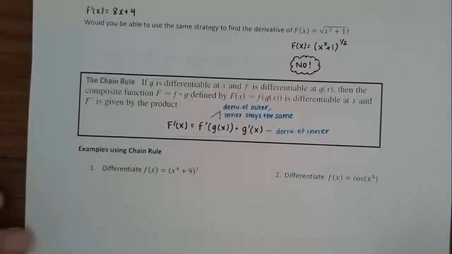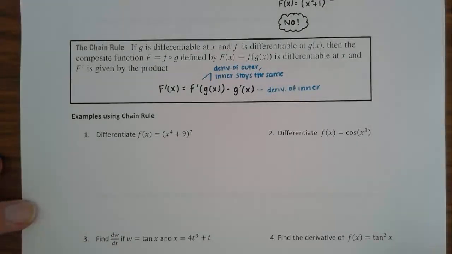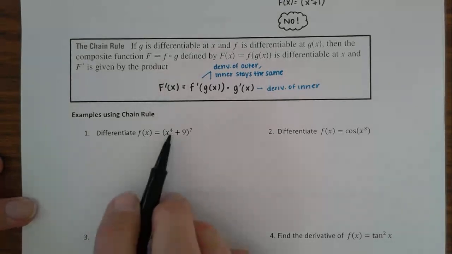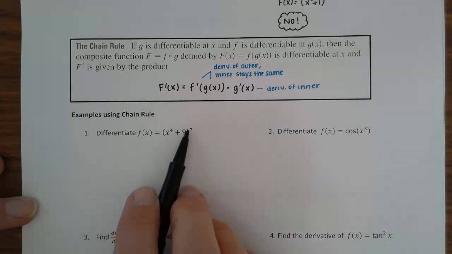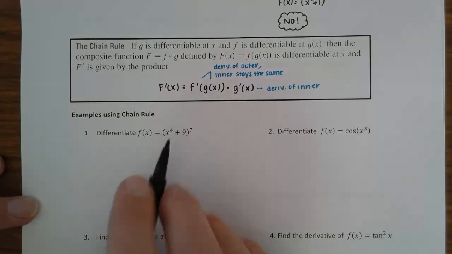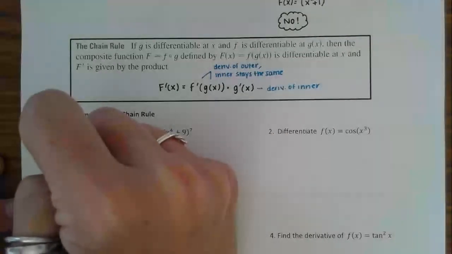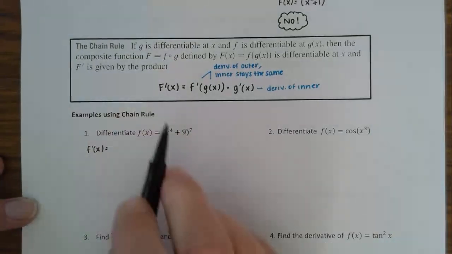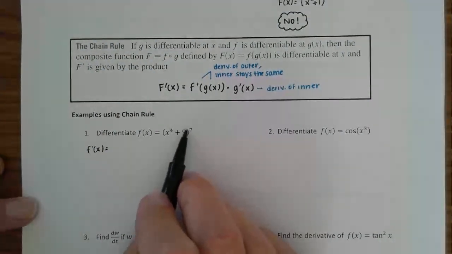So let's take a look at an example using this chain rule. For this function in example 1, this is definitely an inside function of x to the 4th plus 9 inside an outer function of something raised to the 7th power. So this is definitely a composite function. When I find my f prime of x, I'm going to first apply the power rule on the outside piece.